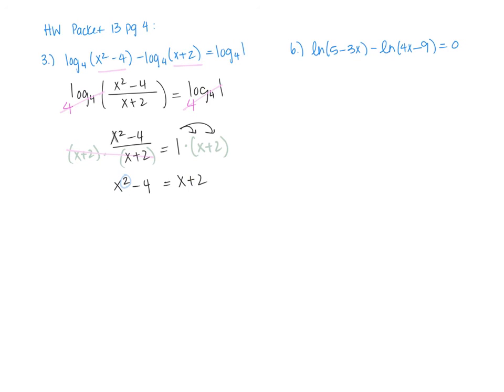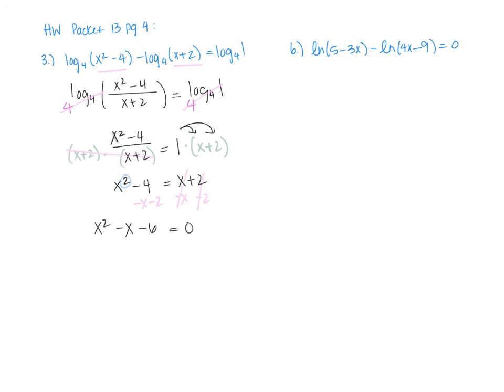So I'm going to move my x and my 2 to this side so I can keep my x squared positive. So this would be subtracting x from both sides, subtracting 2 from both sides. This cancels, x is equal to 0, and now I have x squared that comes down, there's no like term to combine it with, a minus x that comes down, and then negative 4 minus 2 is negative 6.